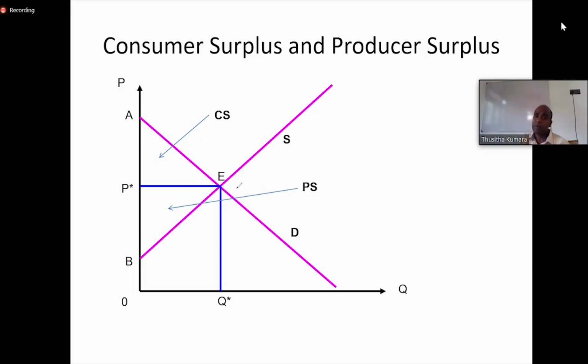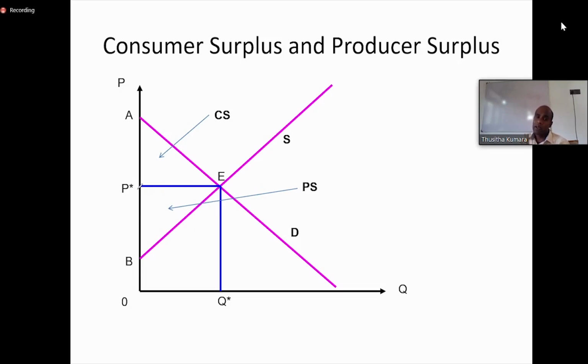And here we are getting the producer surplus. In the same way, this tells us the real cost, which is why they are willing to supply. So this is the willing-to-supply curve, or real cost curve. But this is the price all producers are getting from the market. So there's a difference between the willing-to-supply price and the actual price they are selling at.